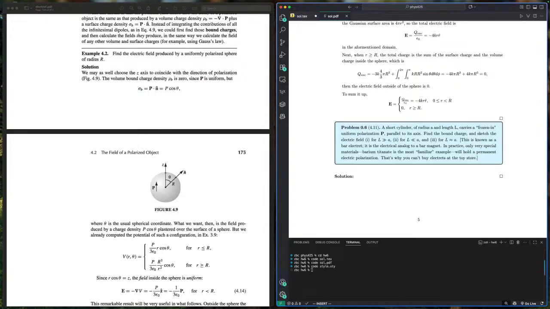Bound charge. The bound charge on the surface should be 0, except for the top and bottom surfaces. And then the bound charge inside, right?